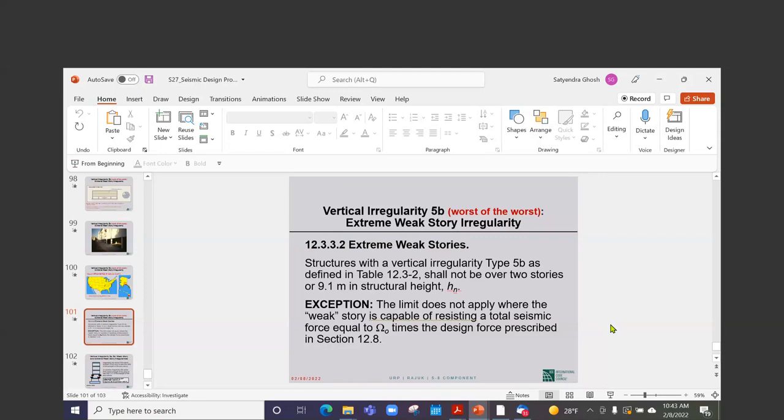The code doesn't care, because I want to explain this. If you use the approximate period, the approximate period is shorter than the real period, so you are taking a stiffer building.